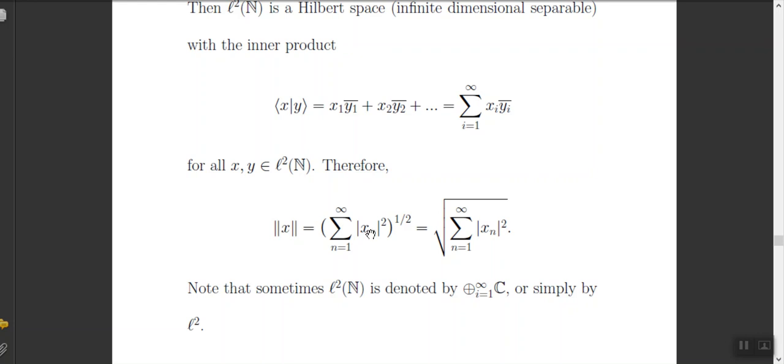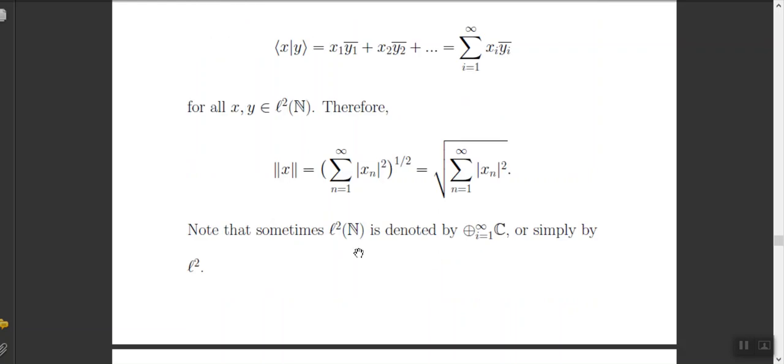So what you see here is the inner product of x with itself. This will be the norm on L2. And remember, sometimes this L2n could be simply denoted by L2 or even by this notation, like the infinite direct sum.